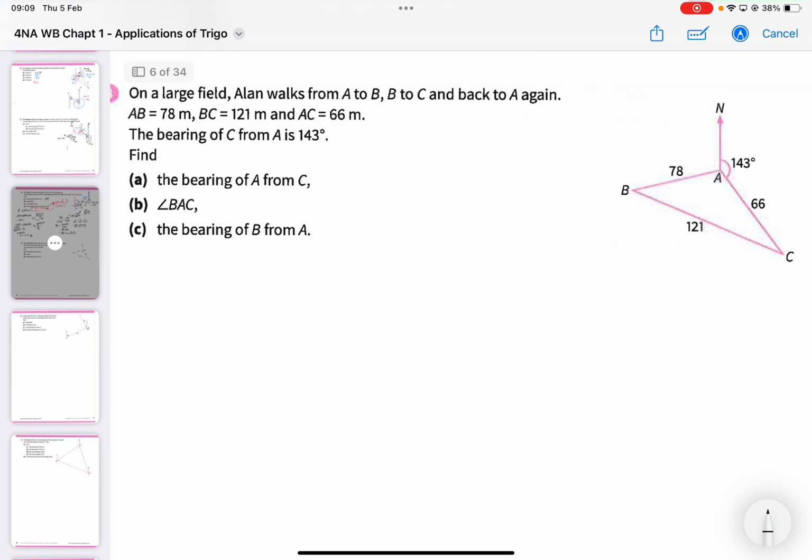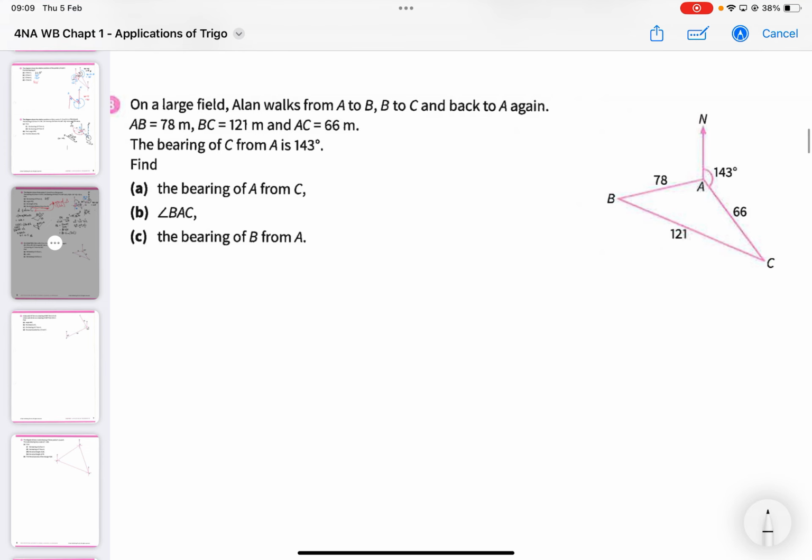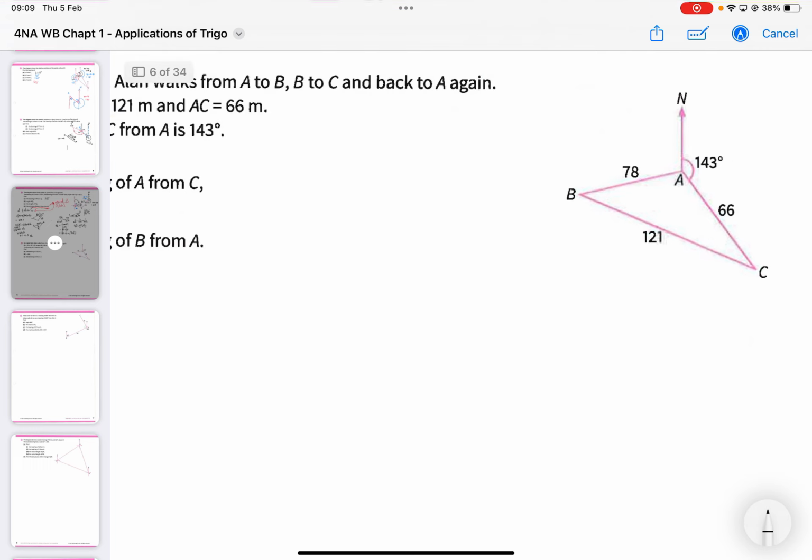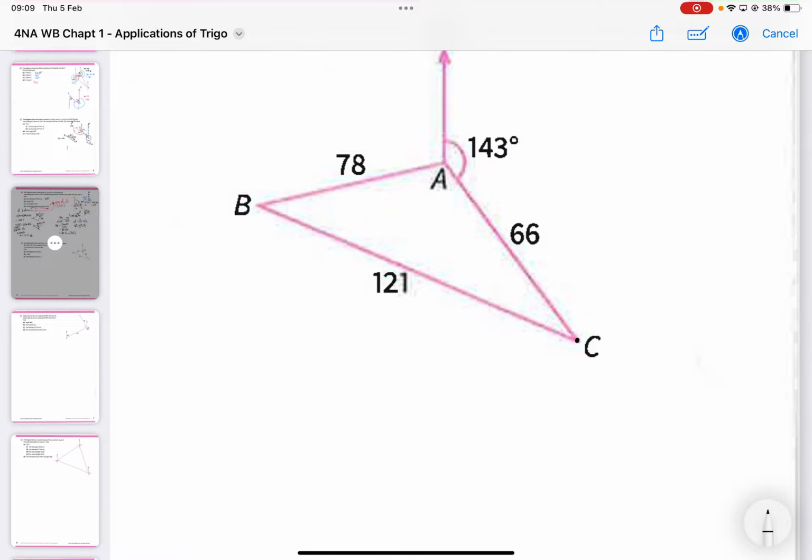On a large field, Alan walks from A to B, then B to C, then back to A. Bearing of C from A is 143. Find the bearing of A from C. So now we need to go to C. From C we need to draw a north. So A from C, I have this line AC already.